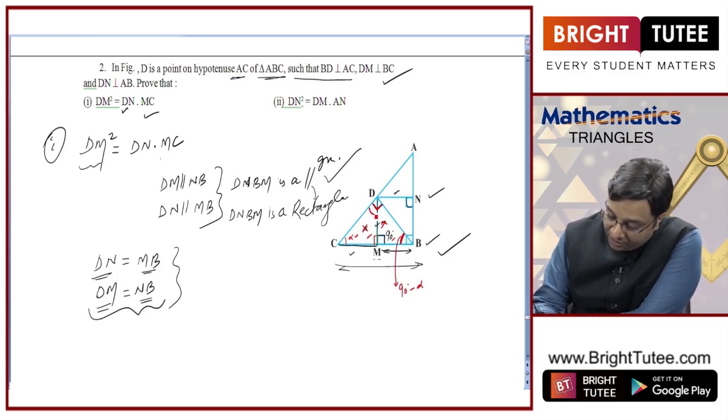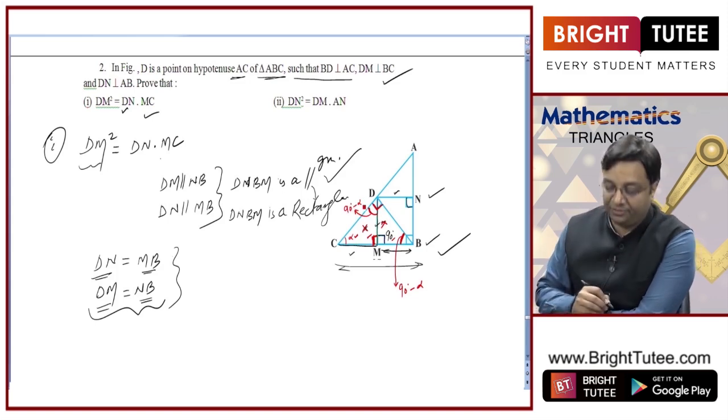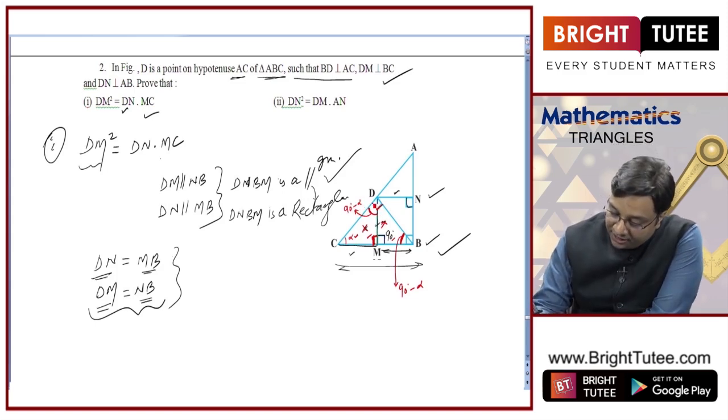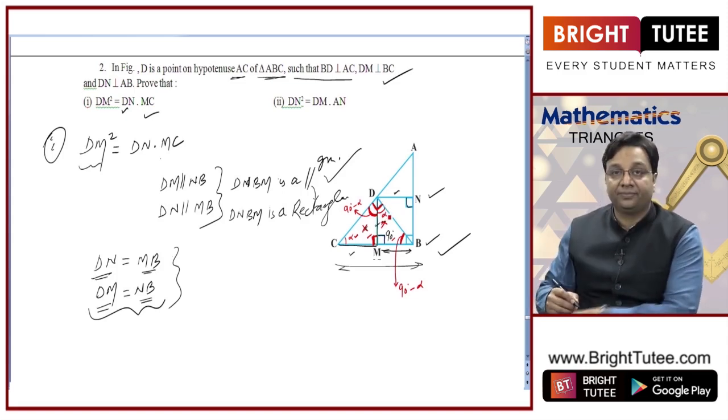And what can you say about this angle? If this is alpha, this is 90, then this angle will obviously be 90 minus alpha. And now this complete angle is 90 degrees and the part of this angle is 90 minus alpha. So the remaining part will obviously be alpha.